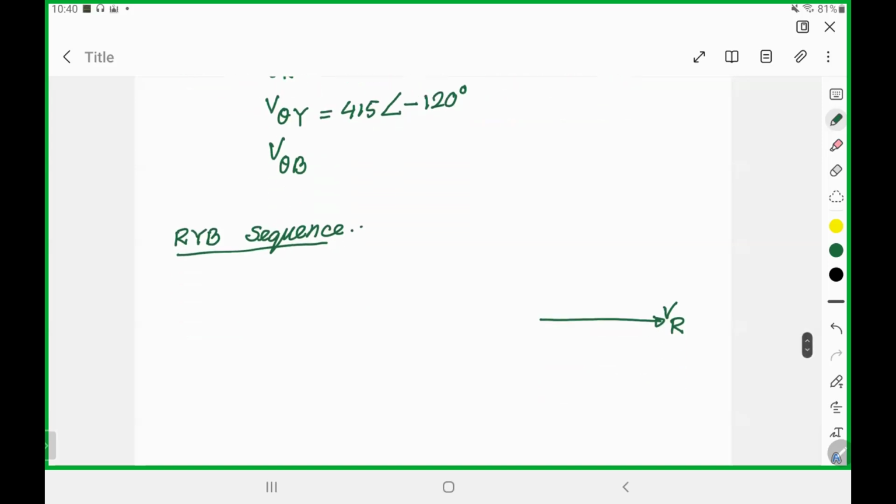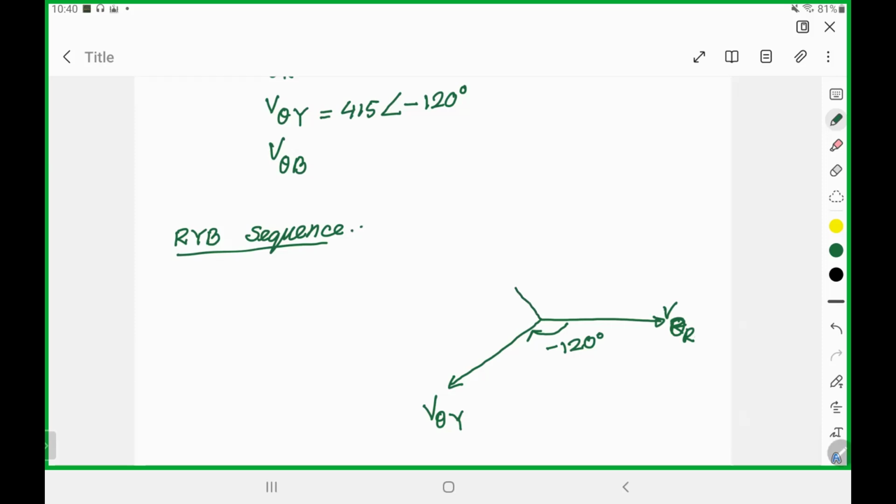So that means you have to go in clockwise direction, another 120 degree to find your V theta Y. So I have to go minus 120 degree in the clockwise direction. This is standard practice that it will always be RYB sequence, and from R, Y will be 120 degree in the clockwise direction.